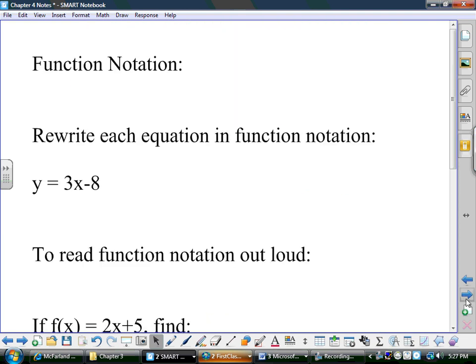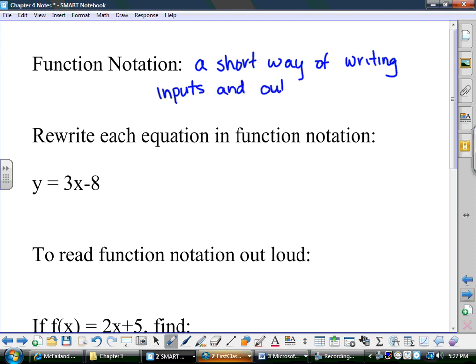Function notation is the last thing in this section, and function notation is a short way of writing inputs and outputs. What we do is, instead of writing y equals, we're going to change that y equals into f of x equals.